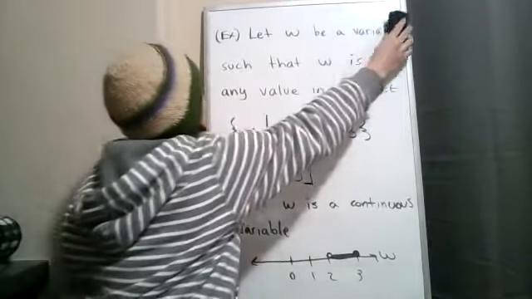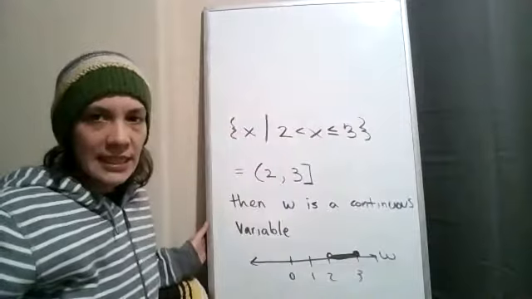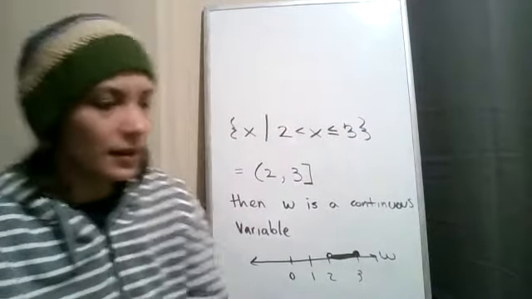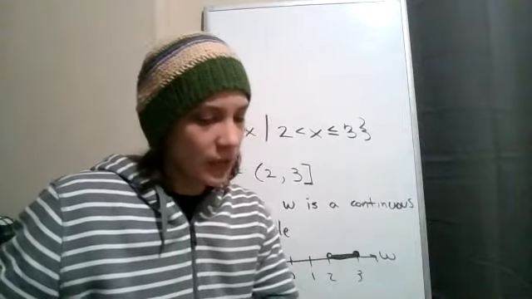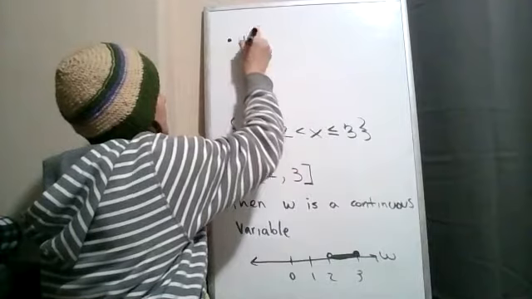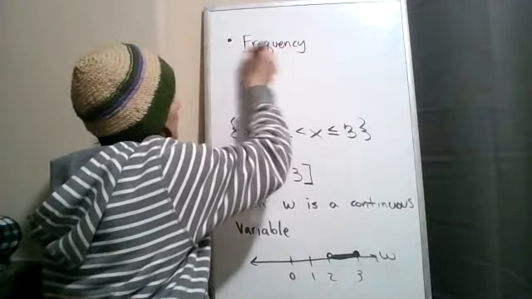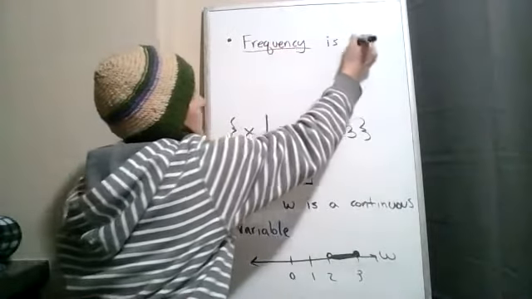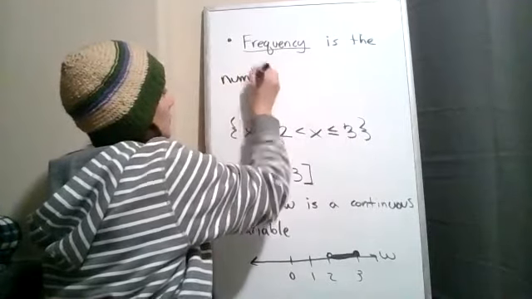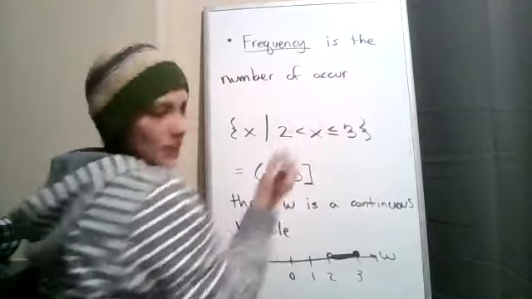So first definition is kind of easy. Frequency is the number of occurrences of a repeating event.